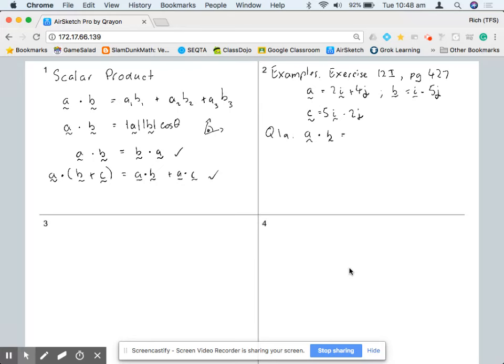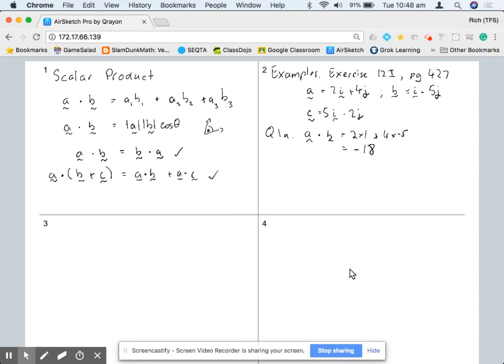We match up the 2 from the i component of A and the 1 from the i component of B. So that equals 2 times 1 plus 4 times negative 5. That gives us 2 plus negative 20, so that's negative 18. And that's all there is to it.